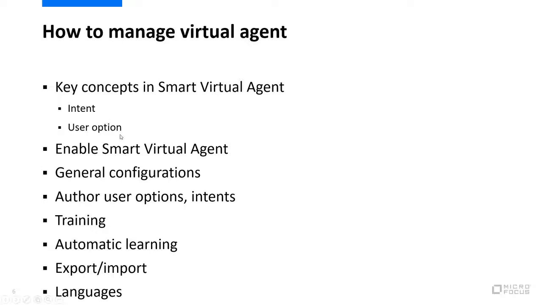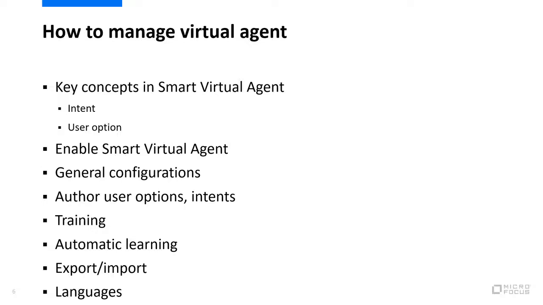And regarding the user option, you can think this is the same thing we defined in the catalog offering. So basically, the user option is some details, questions or information we, or the virtual agent, want to collect from the user.